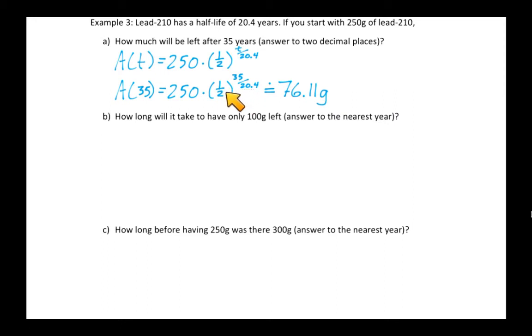We get a quarter of the amount in 40.8 years. So 35 years is kind of between 1 and 2 half-lives. Well, if it was 1 half-life, we'd have 125 grams. If it was 2 half-lives, we'd have 62.5 grams. And this is in between those two values, so 76.11 grams, that seems reasonable to me.